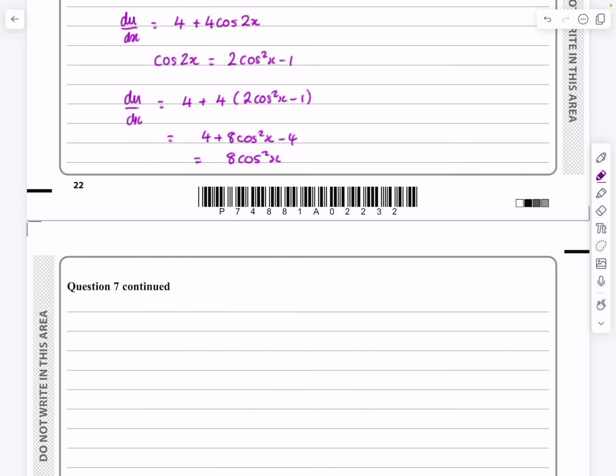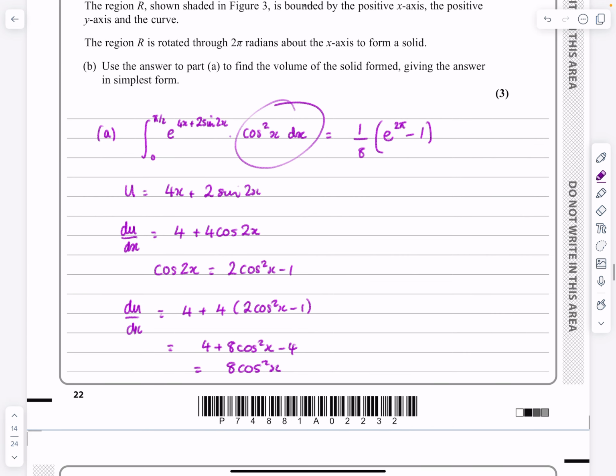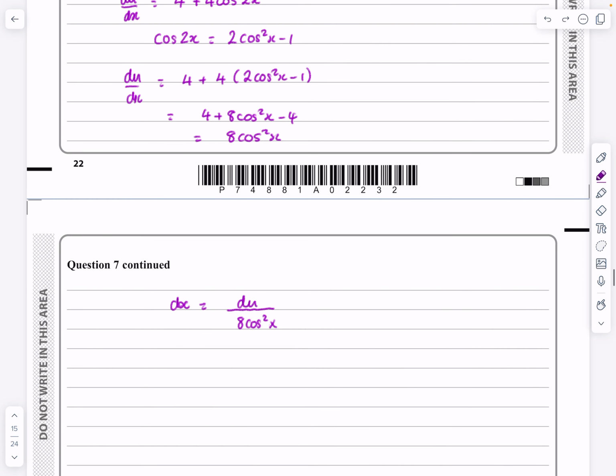And so what I can now say is that dx is equal to du all divided by 8 cos squared x. So when I'm trying to sort out this, filling everything in here, the cos squared dx is going to disappear in terms of being with the du there.